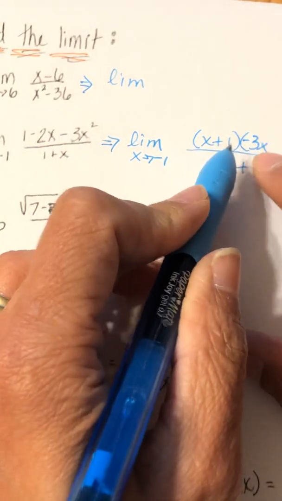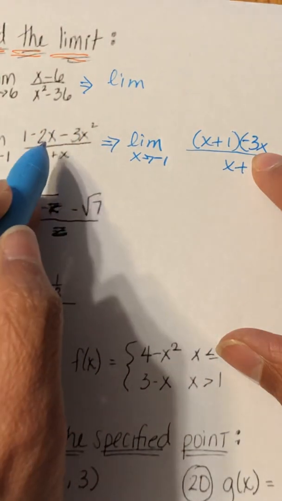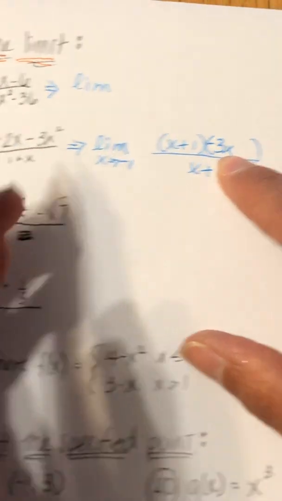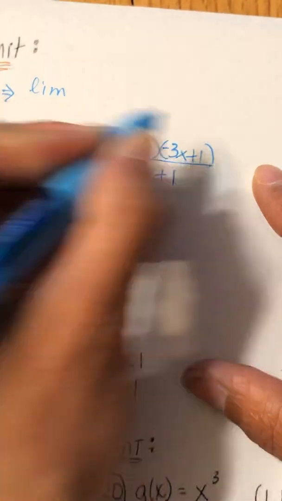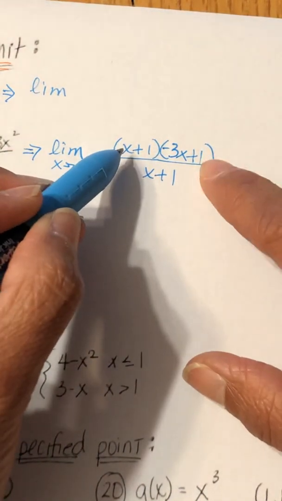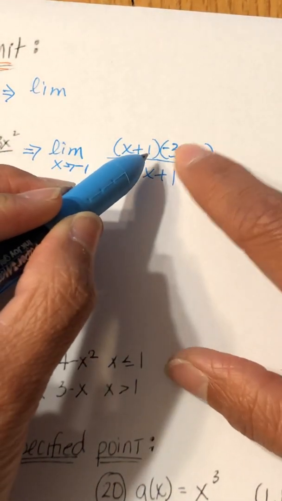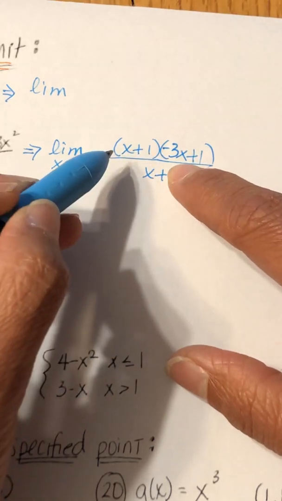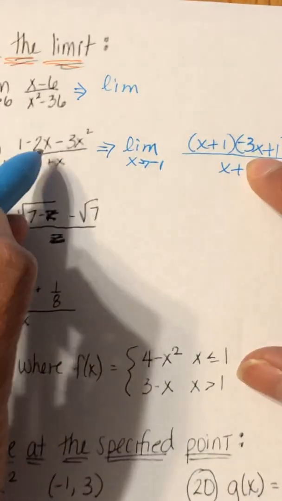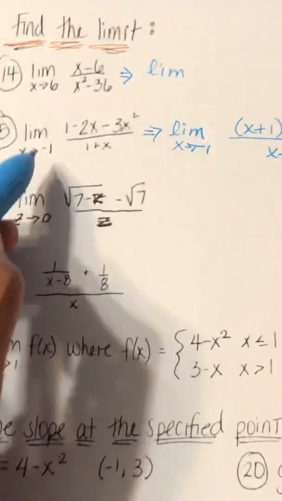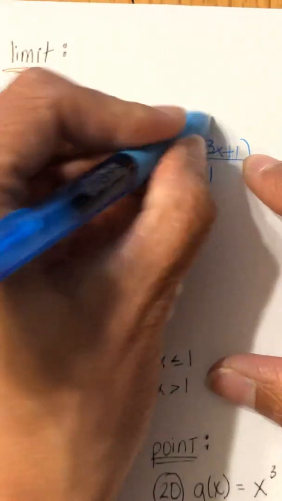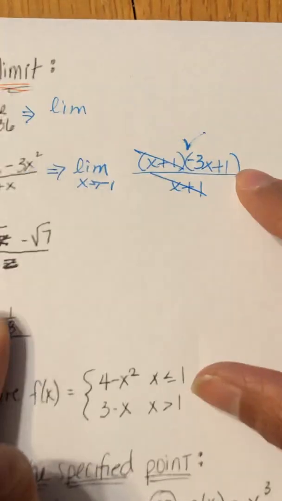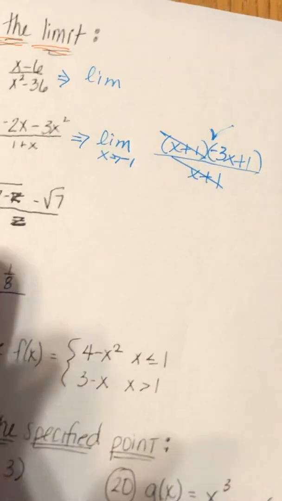So to make this -3x turn into a -2x, I have to add a positive x, which means I have to have a +1. Because then when I multiply x times 1, I get a positive x. And then 1 times -3x, so 1x minus 3x is -2x. And then 1 times 1 is 1. So I checked it. It works. And those cancel. So all I have left is a -3x plus 1.